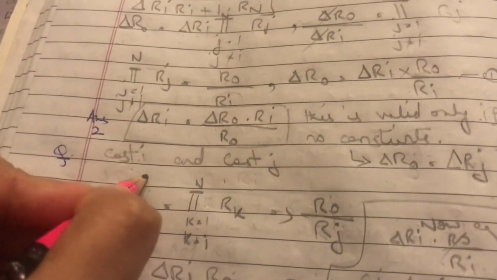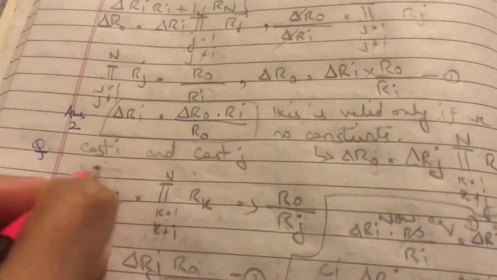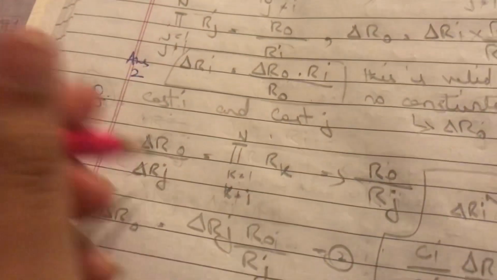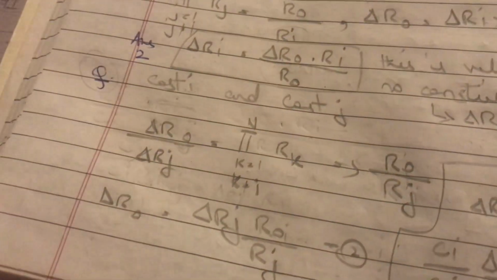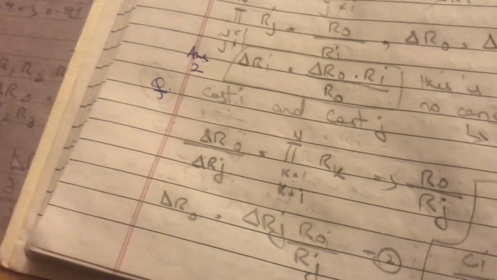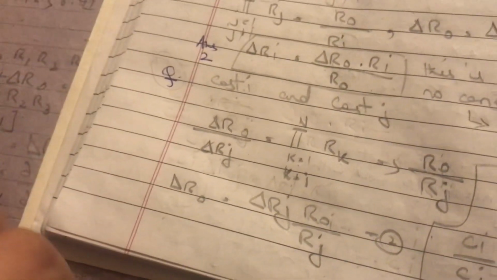We have a cost i and a cost j. Suppose, we are just supposing, that we have a cost of i and a cost of j. It is not necessary that this is only the type of cost. It's not only the cost that is in money. It can be anything. It can be power, it can be energy.